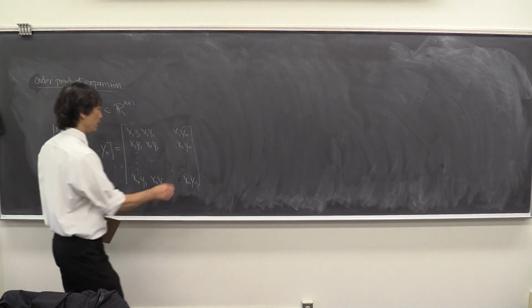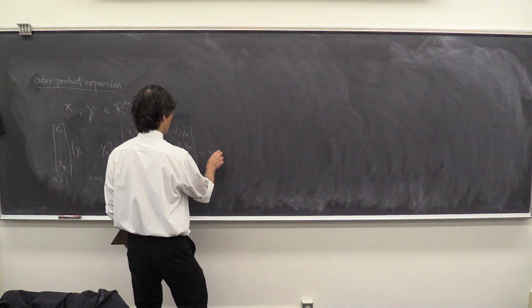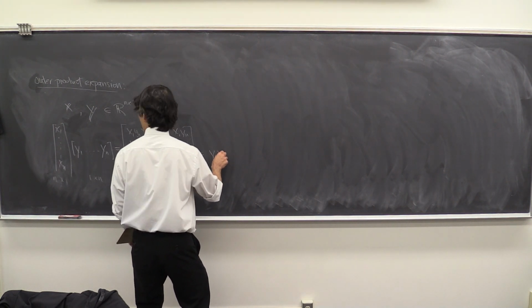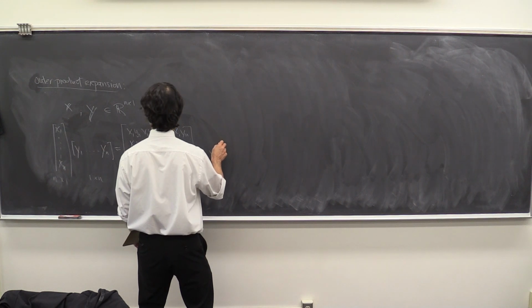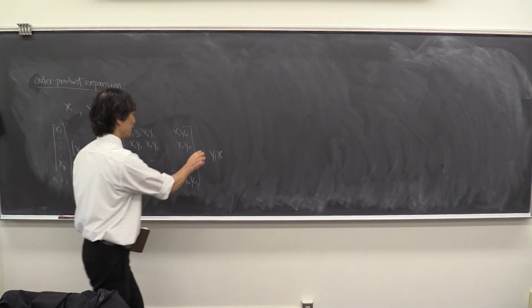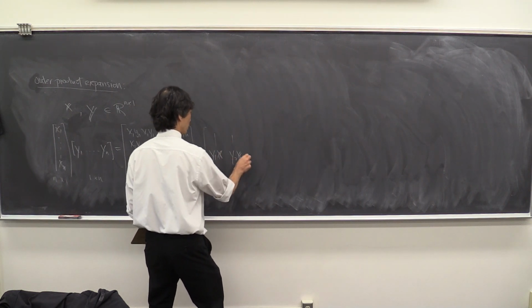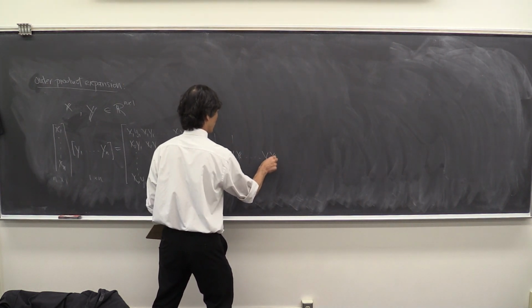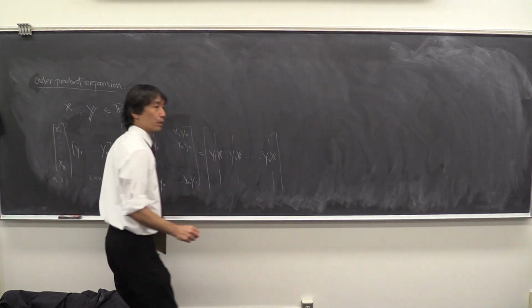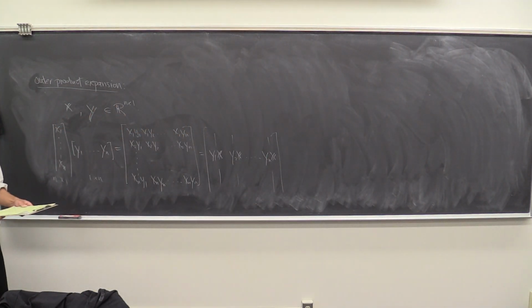In other words, you get y1 times x, then y2 times x, through yn times x. And that's called the outer product.